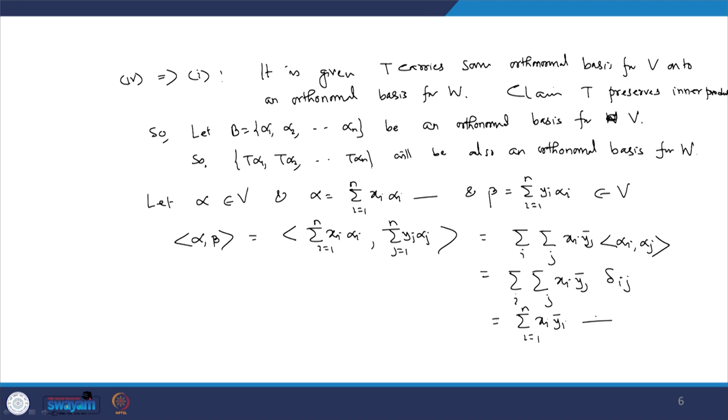Now, let us see what about the inner product of T alpha, T beta. So, inner product of T alpha and T beta will be inner product of T of sigma xi alpha i, T of sigma yj alpha j, and T is linear.